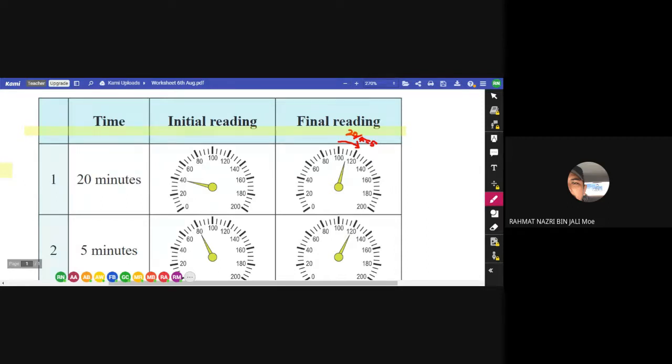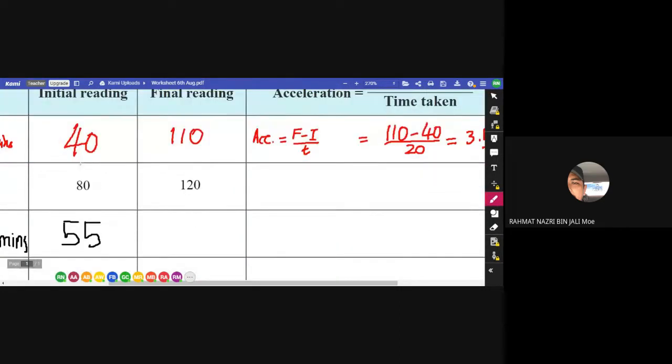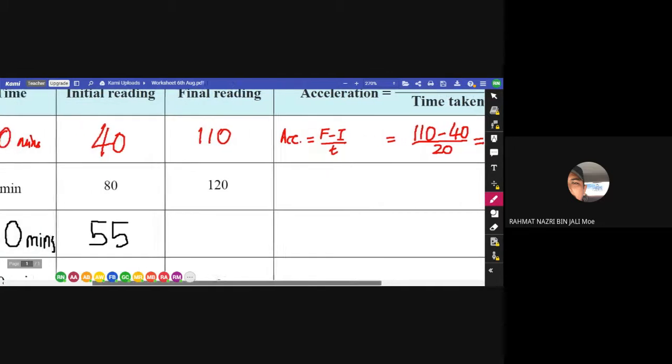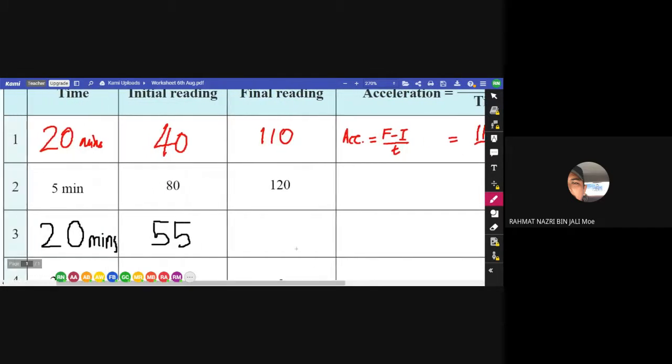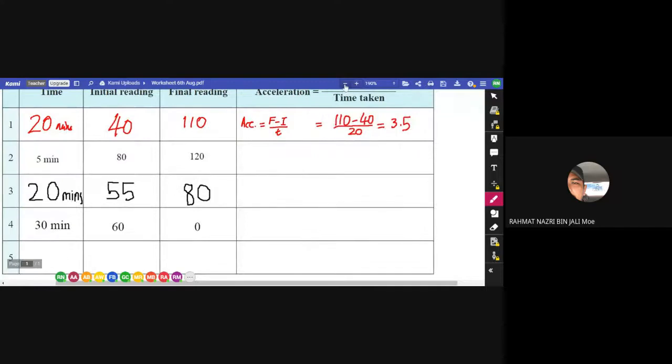So we have 120 for the final reading. Okay, your friend sudah buat, bagus. Okay, how about the calculation? Kalau susah tulis, tak apa. Let me help you after this. We are still waiting for your friend to complete this table.